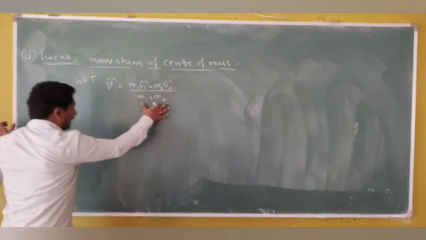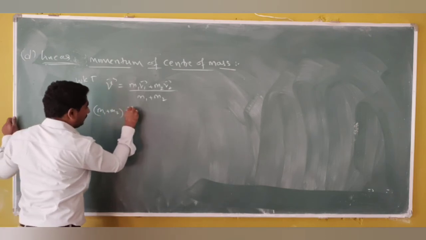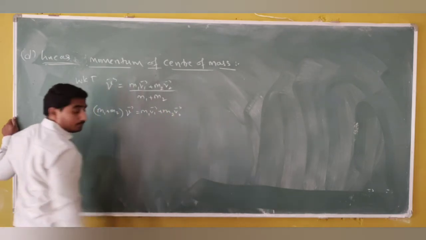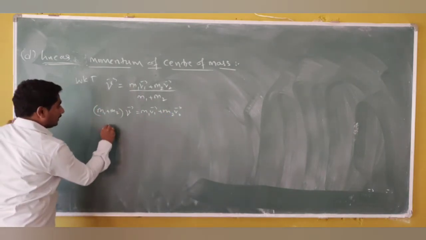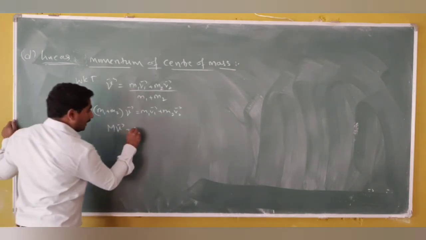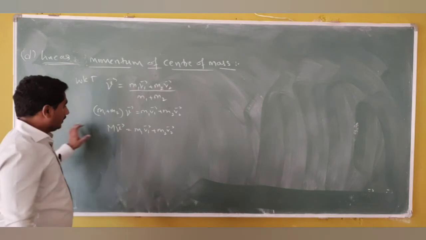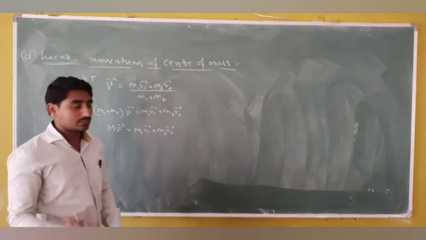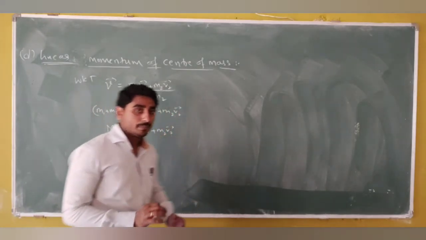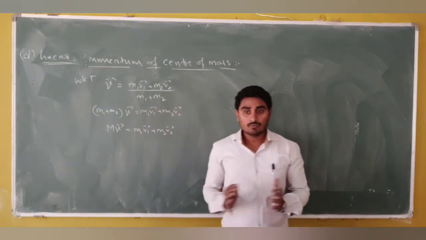Or we can write m1 plus m2 times capital V equals m1 v1 plus m2 v2. Here m1 plus m2 is the total mass of the system, capital M. I hope you remember that in the last video lecture we discussed linear momentum, which we represent as P. Linear momentum is the product of mass and velocity.